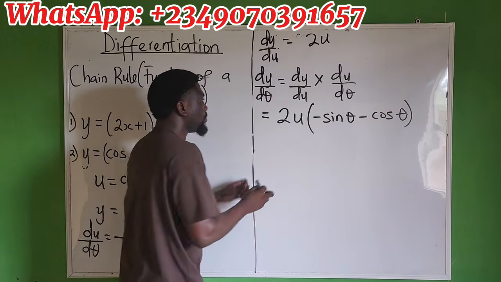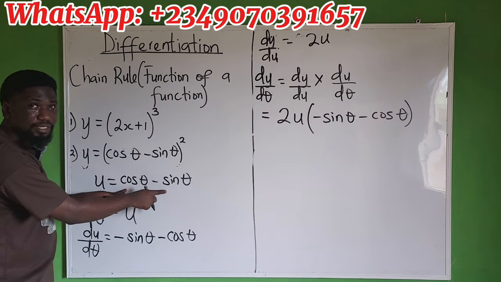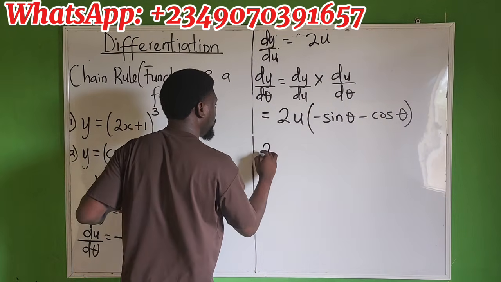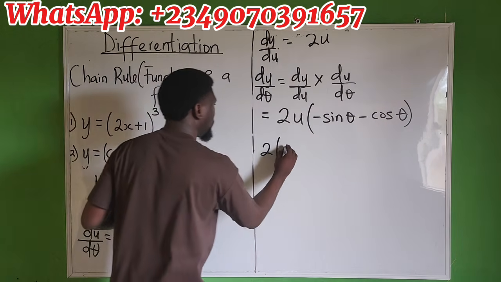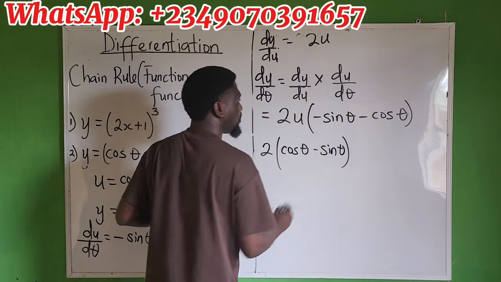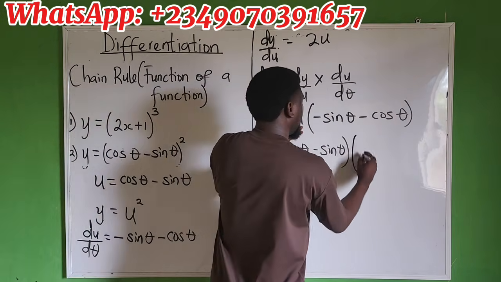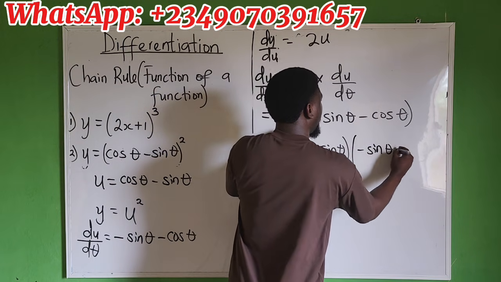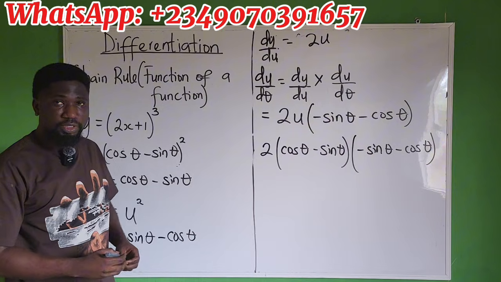Alright. So remember that u is cos theta minus sin theta. So this is going to give us 2 multiplied by u, which is cos theta minus sin theta. Right? So we've dealt with this 2u. So what we now have left is minus sin theta minus cos theta. Do you understand?